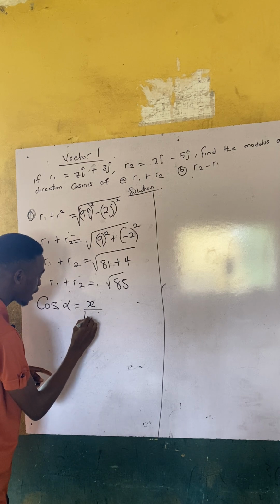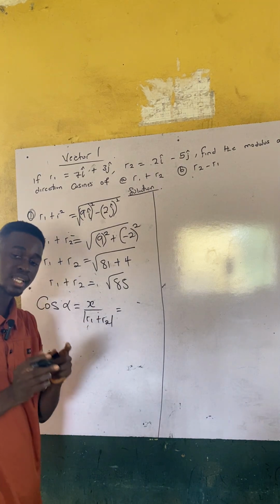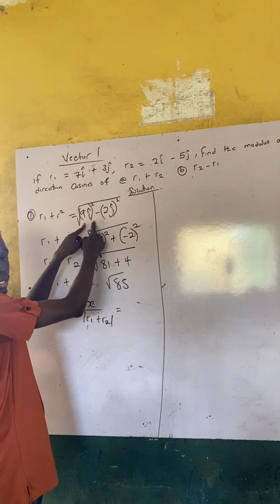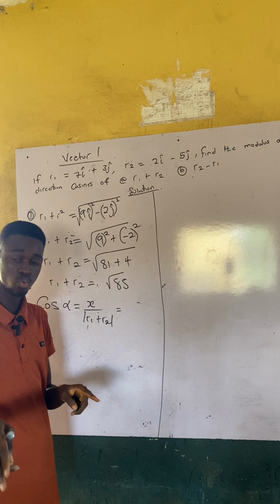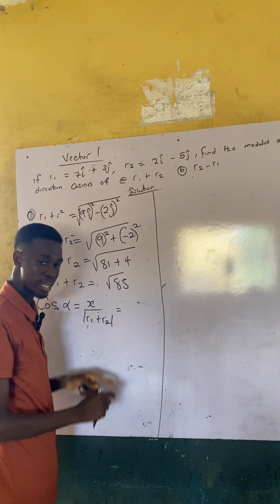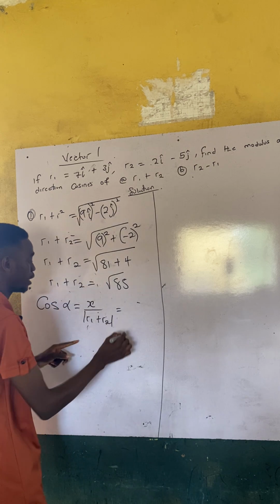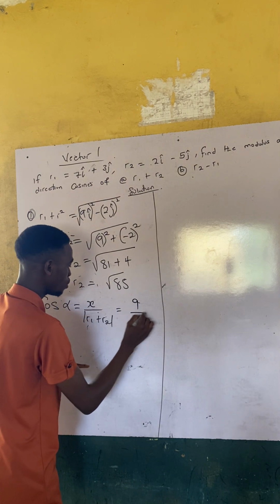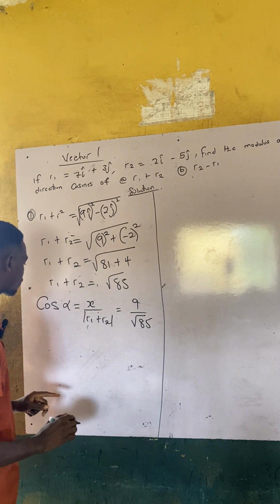Now, what will stand as your x? The first number you got here will stand as your x, and your y will be minus 2. Our x is 9, so this will give us 9 over root 85. So you have gotten the answer for this.